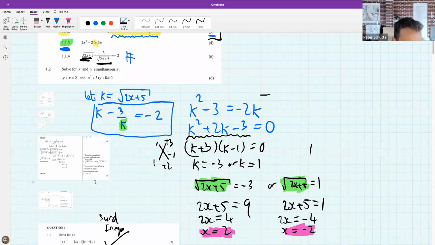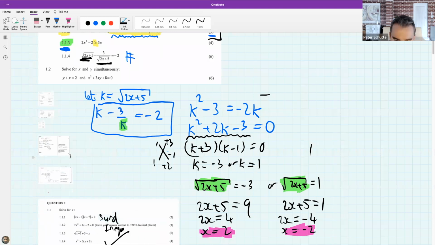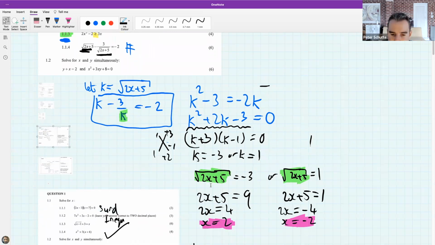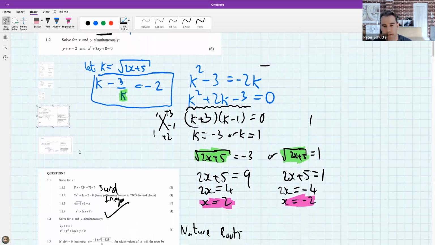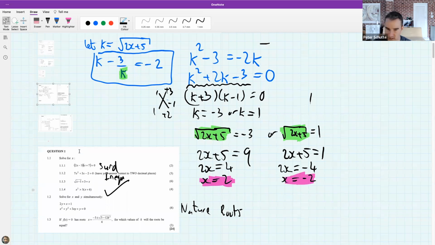x is minus 2. Why would we reject it? So look. Oh, yes. Okay. I'll come back to this in a future video just to emphasize this. But what we're doing is rejecting the 2 because the square root here, if I put a 2 in here, 2 times 2 is 4. 4 plus 5 is 9. Are you with me?